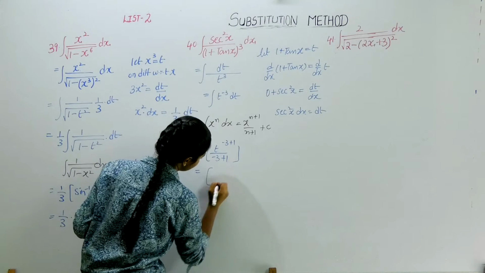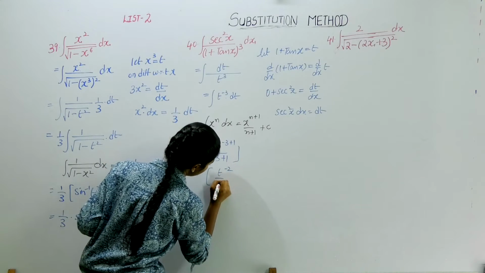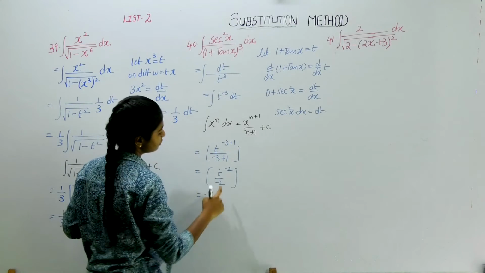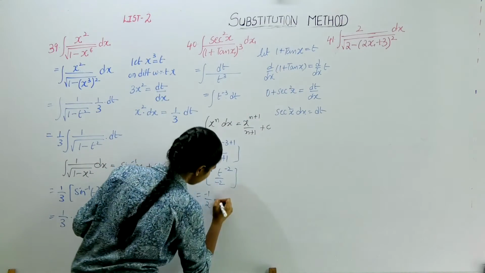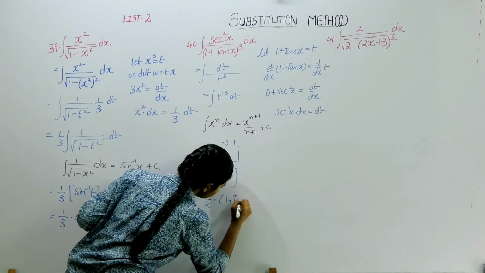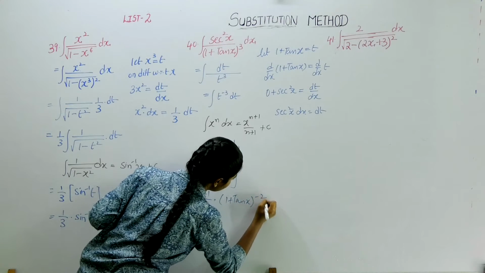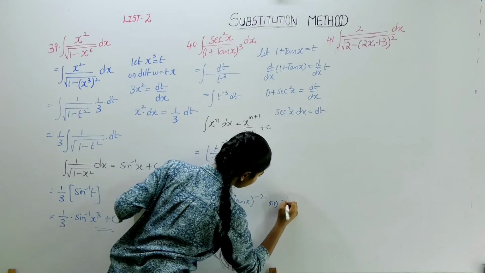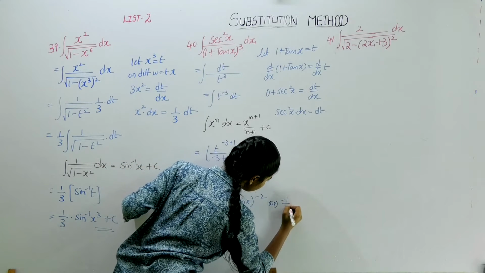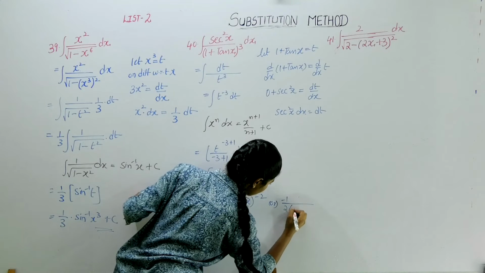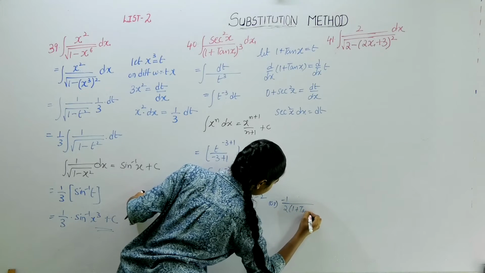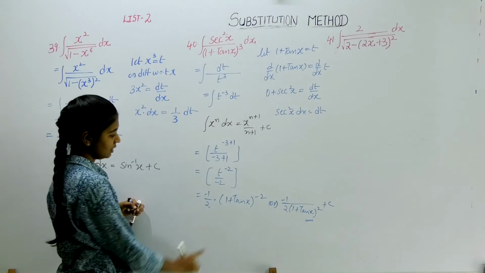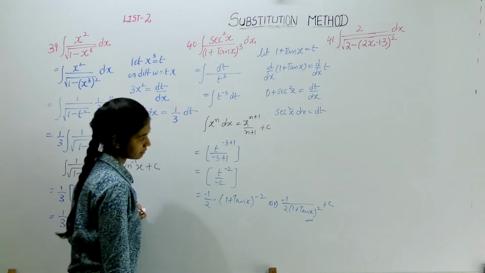In the denominator, we get t power minus 2 by minus 2. It is equal to minus 1 by 2 into, what is the value of t? 1 plus tan x whole power minus 2. Or we can write this as minus 1 by 2 into 1 plus tan x whole square plus c. I have written it in the denominator part.